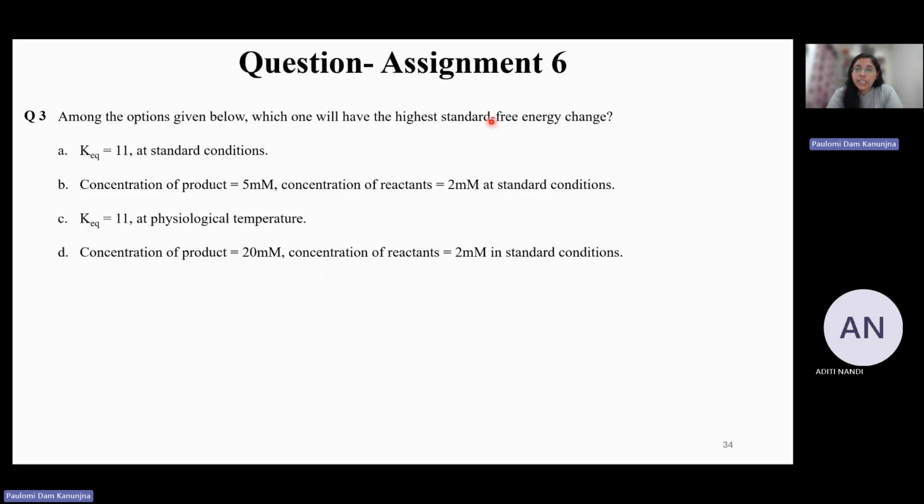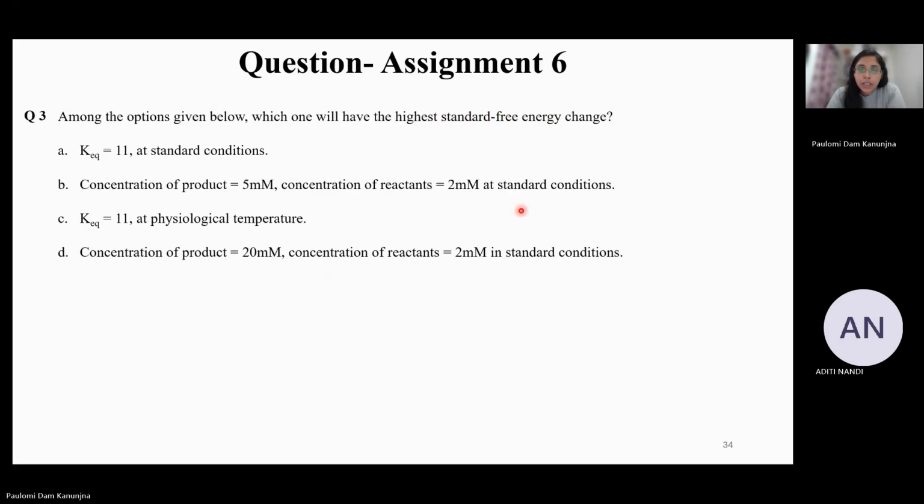So the key here is standard free energy change. You need to remember the standard conditions and then calculate the values for delta G and try to remember where we are using these values. It's very simple. K we know already. We have just solved an equation like this. So we are just trying to understand the different values there. We have already used the equation once in this session.